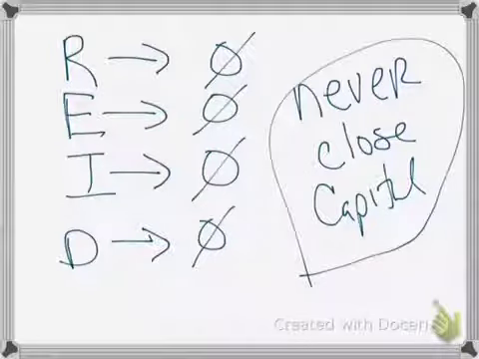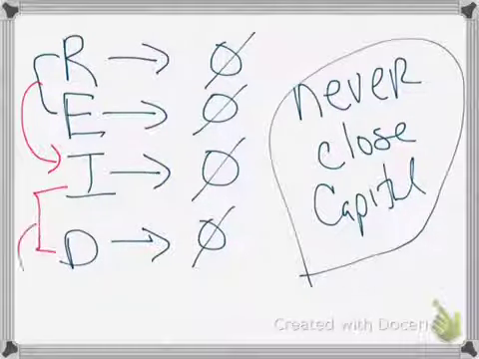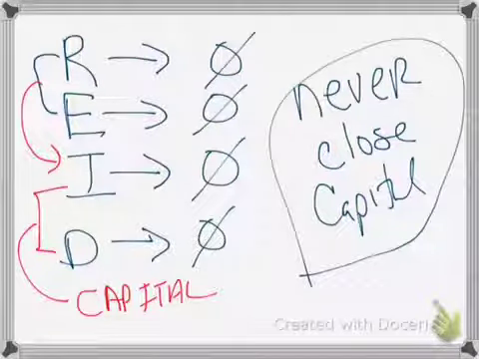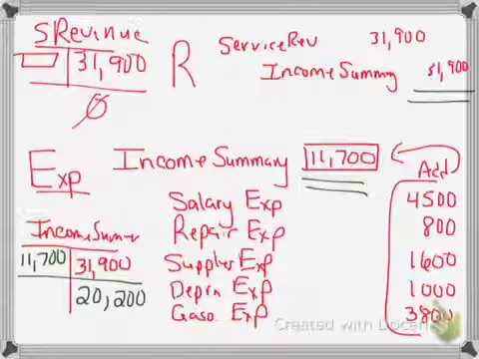The revenue and the expense are going to close to income summary. Your income summary and drawing account will close to your capital account. So just keep those in mind. Now I want to look at one last thing, and that's that post-closing trial balance.